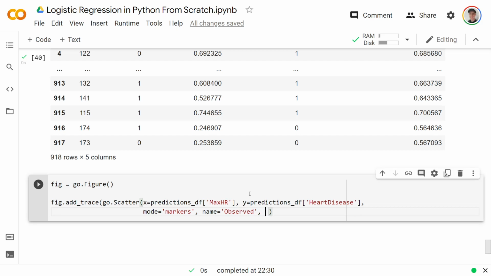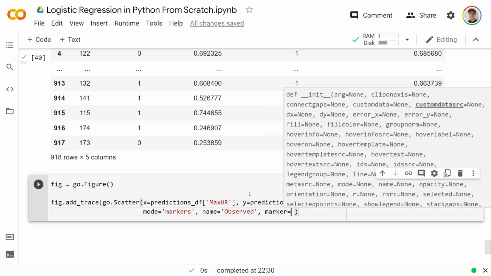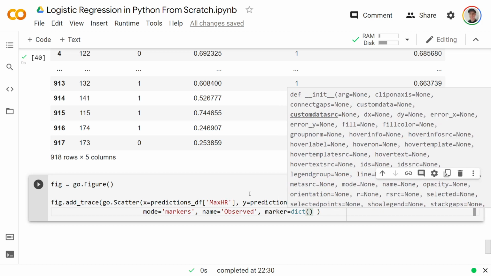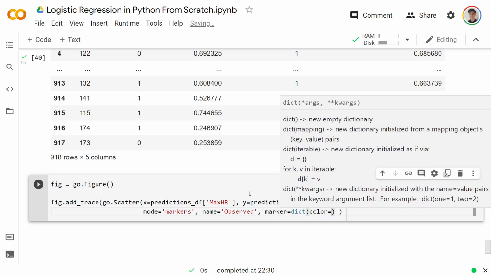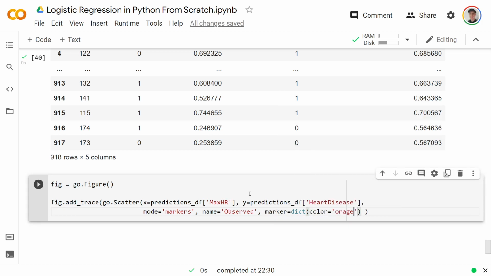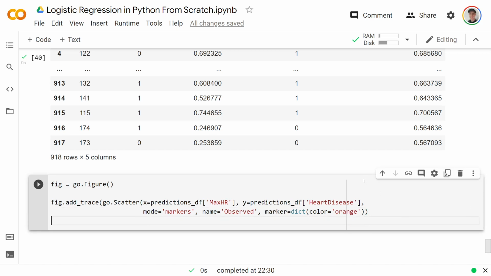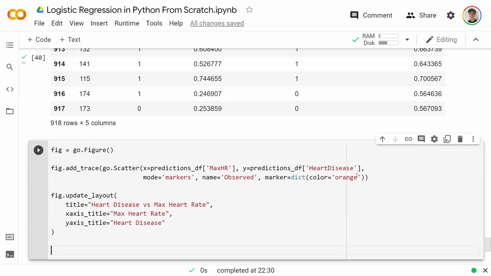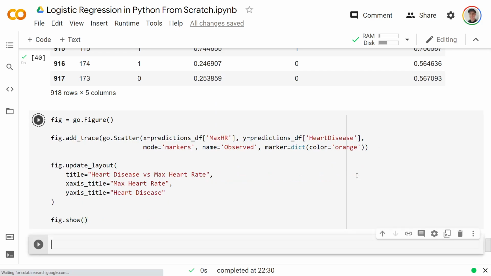And marker is going to be set equal to a dictionary. I'll write it like this again, dict, where the color is equal to orange. Okay, and just to show you that this works, I'm also going to grab that same update layout as before. fig.update_layout, fig.show.